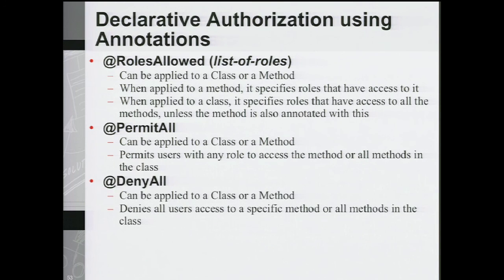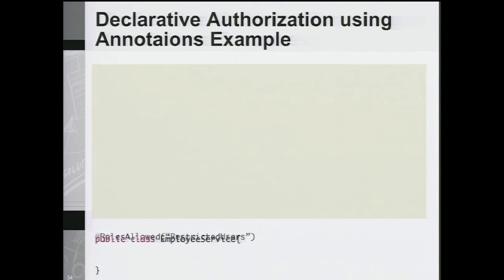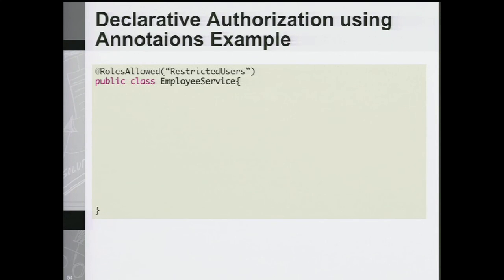Likewise, there's the opposite of it, which is deny all, restricting access from everyone. And you can also use the declare roles annotation and the run as annotation that we saw in the web tier, which have the same meaning here as well. Let's look at an example. So we have an employee service class. We're saying the roles allowed is restricted users.